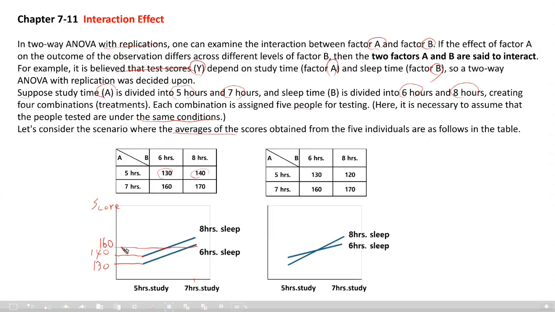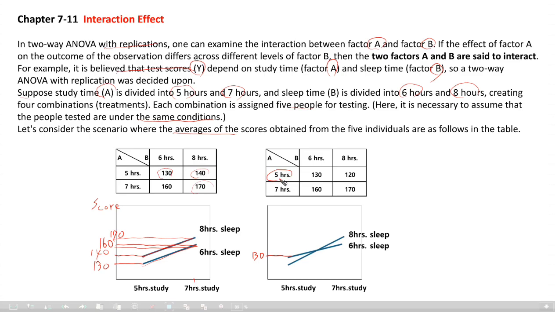And 7 hour study, 8 hour sleep, 170. It is some extreme case, but the lines are parallel. So no interaction.